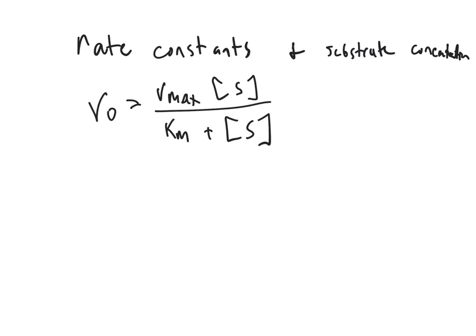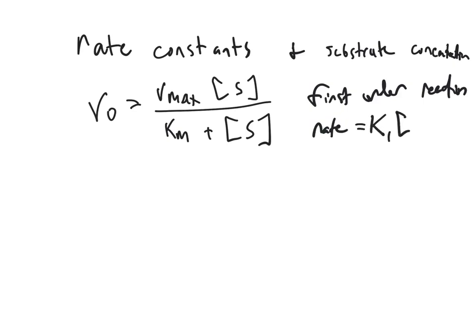So rate constant is something like, for a first order reaction, we have a rate constant or a rate that looks like this here. And I'm actually going to use A instead of S.